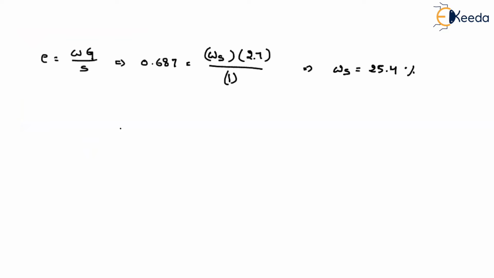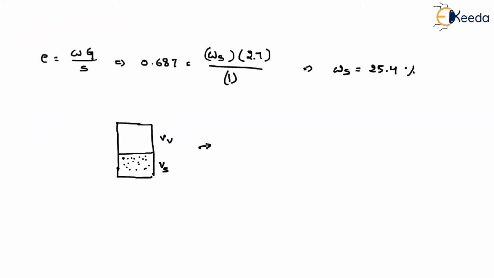If you recall the theory again, let us say you are considering a dry soil sample and imagine that this is the volume of solids and this is the volume of voids. This is completely nothing but solid particles. And what is happening if you keep on increasing the water?